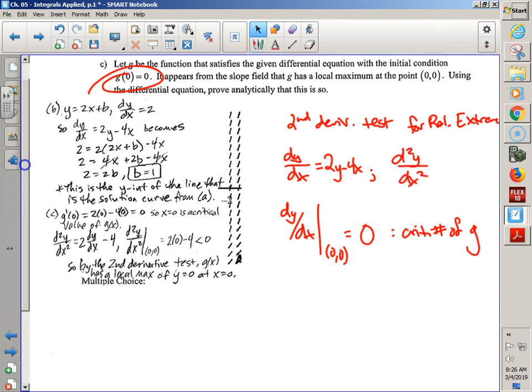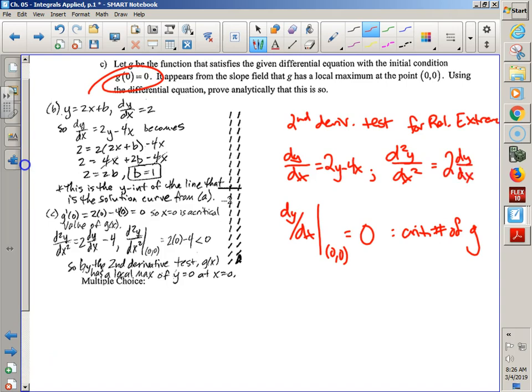We have to find the second derivative, which we can totally do. You had to do this at least a couple times in the notes and in the worksheet. How do we take the derivative of a derivative? So what's the derivative of 2y? 2 dy/dx, good. And then the derivative of 4x minus 4. And then can't we plug in dy/dx from over here?